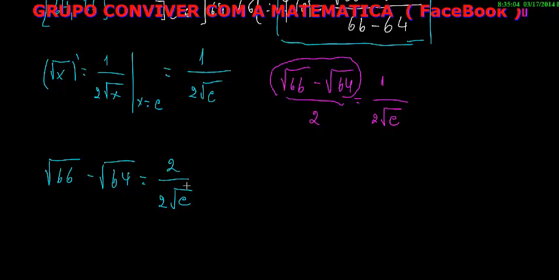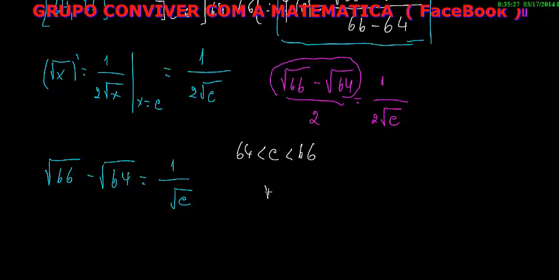But now I can cancel these numbers 2 and 2, because it is products. I have no problems with this. And I know also that c is lesser than 66 and greater than 64.